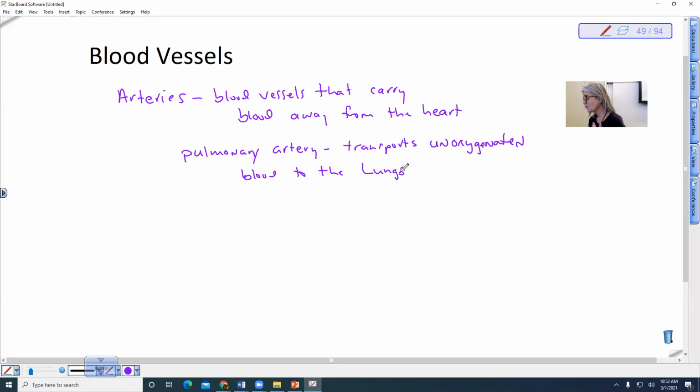And likewise, the umbilical artery is also transporting unoxygenated blood to the placenta, where it's going to actually pick up oxygen. So this is the exception.